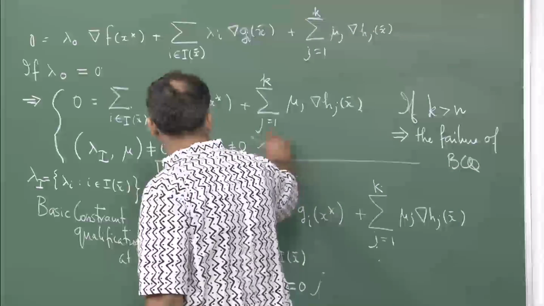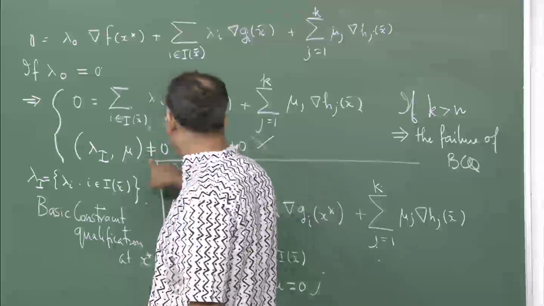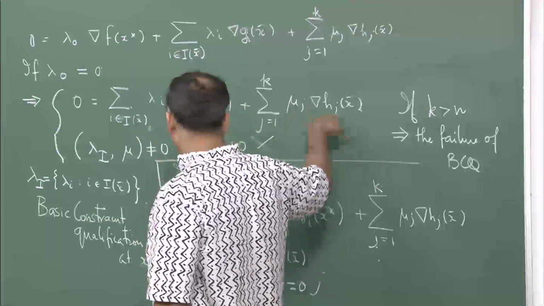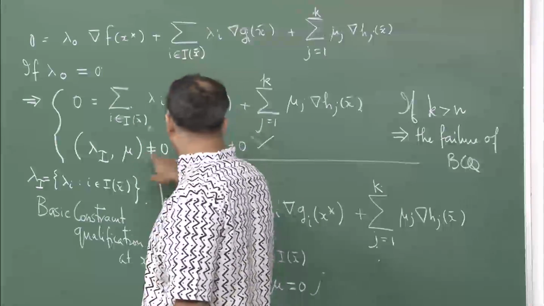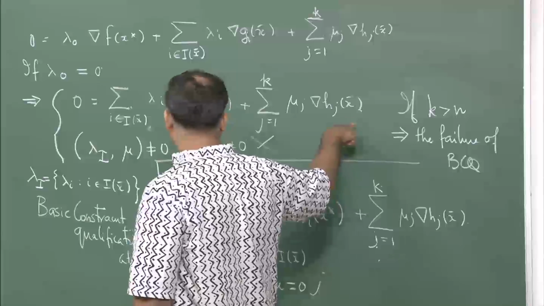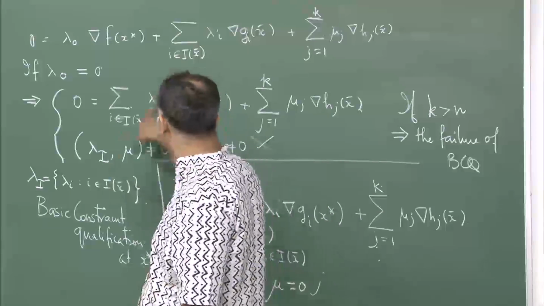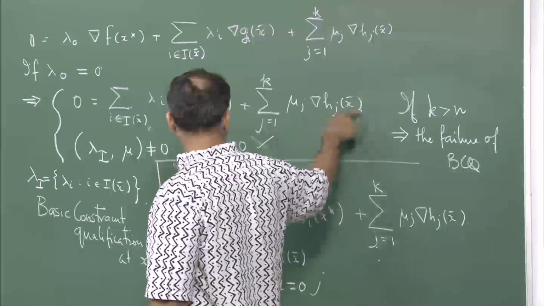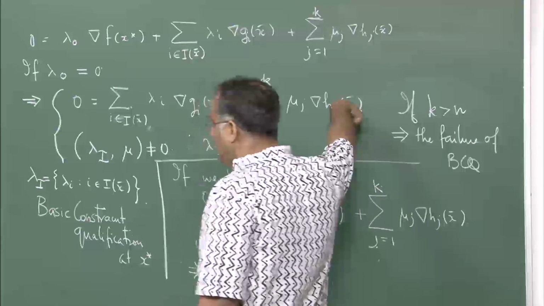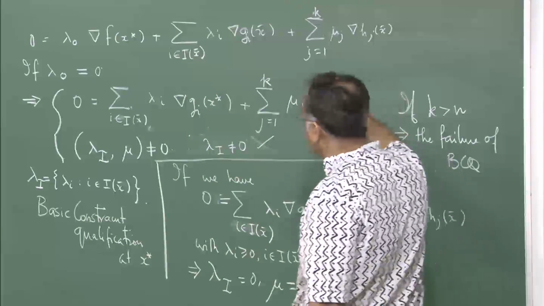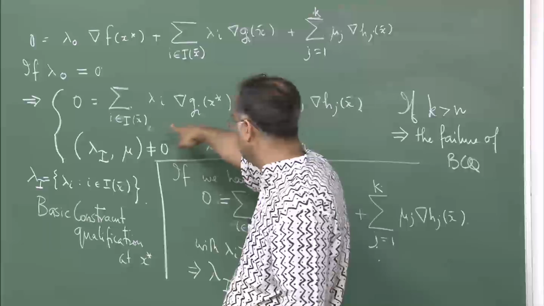Because if this system has a solution and this is equal to 0, then it will mean that this is linearly dependent, and linear dependence means the failure of BCQ.